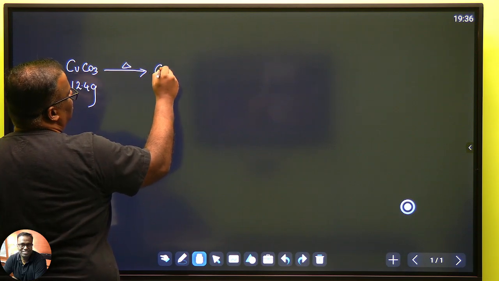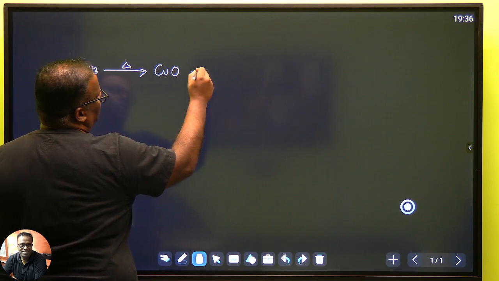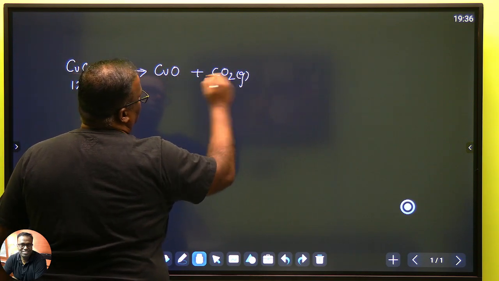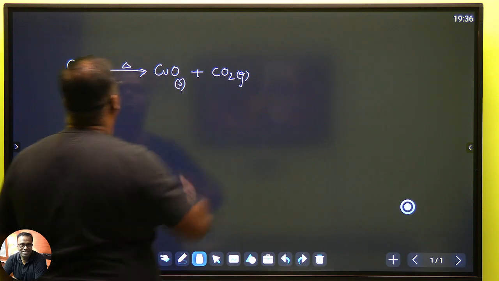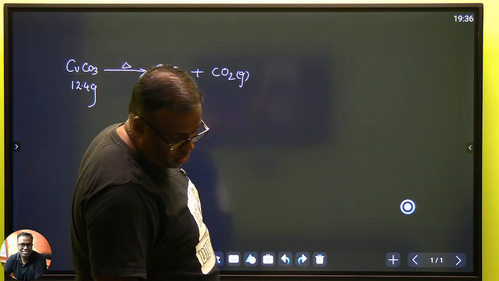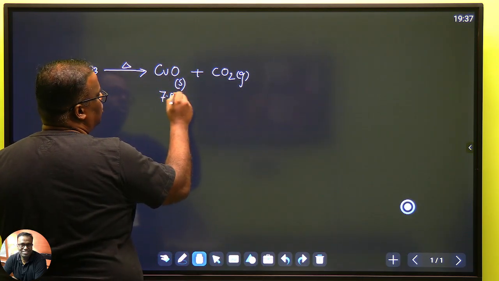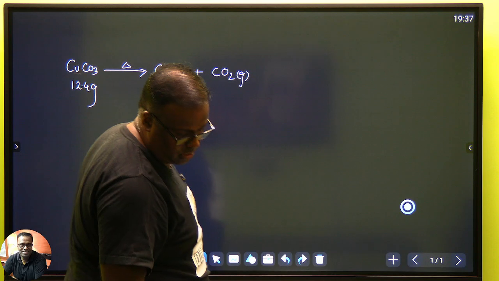So we got copper oxide. The other gas would definitely be, this is where we had stopped the other day, carbon dioxide, and this is solid, right? It's giving me 7.0 grams of copper oxide.